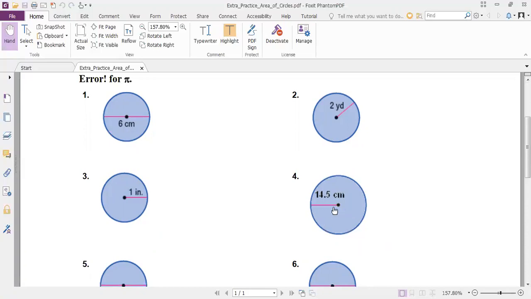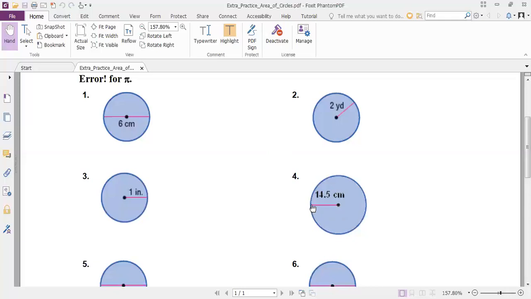What is this called? This one is called the radius. So what can I call the one in number 1? Diameter. And number 4 is the radius.